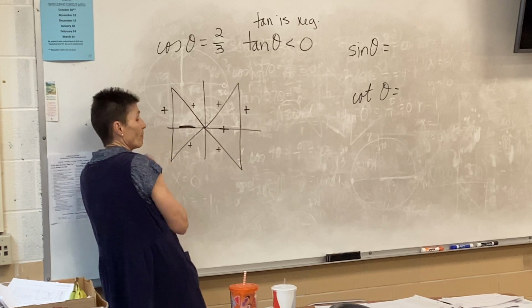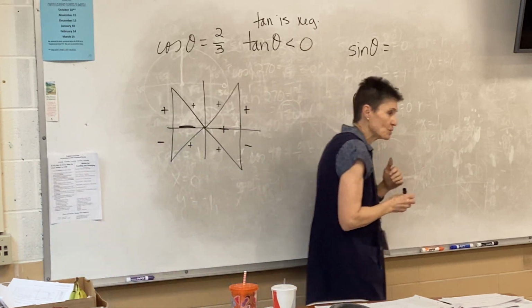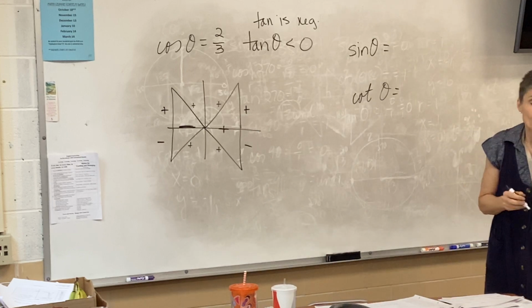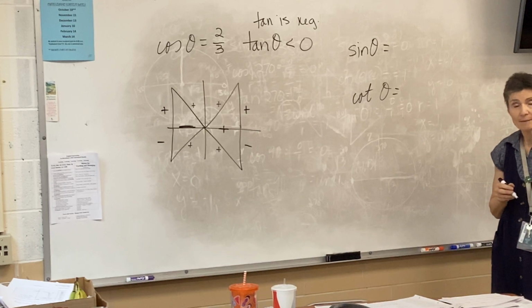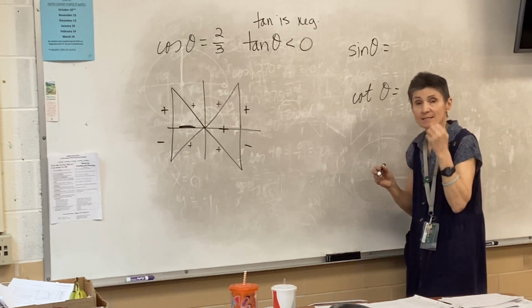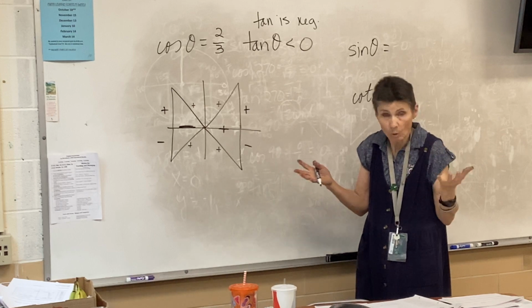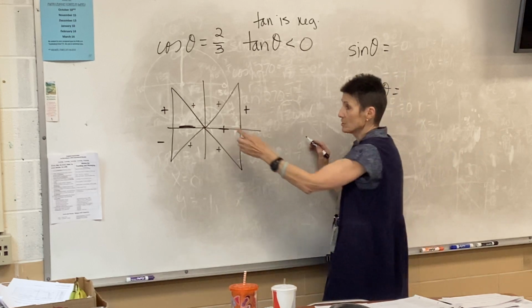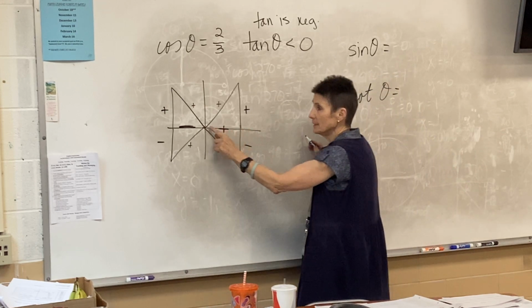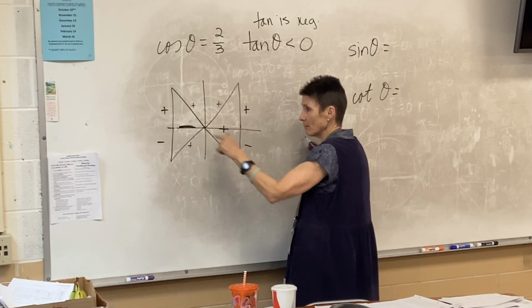This and this are positive, and this is negative. So basically what I just did was draw my entire butterfly bow tie and then label all of the sides with positives or negatives depending on the quadrant I was in. So right is positive, left is negative. Up is positive, down is negative.